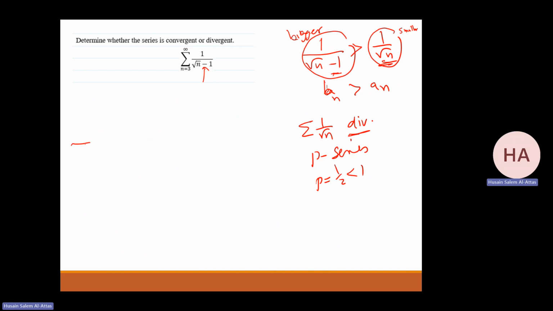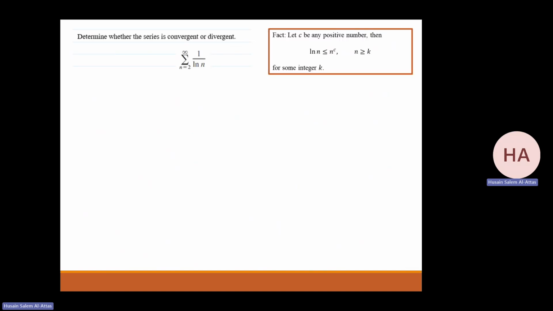So that implies the new series, summation 1 over root n minus 1, for sure will diverge because it's bigger than this smaller one, which is divergent.